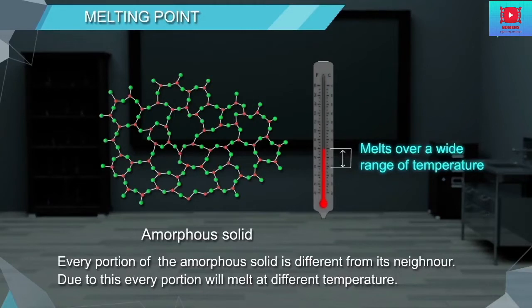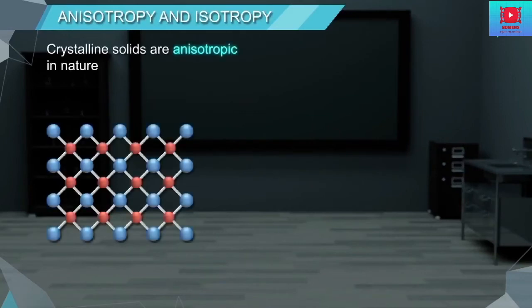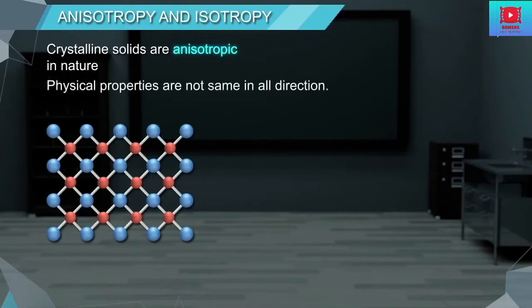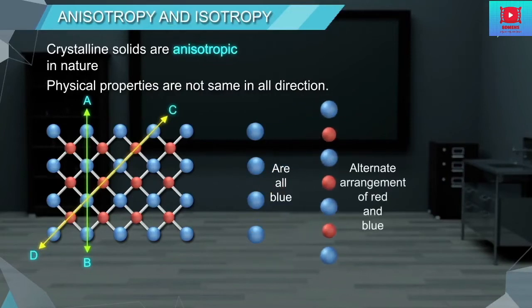The second difference is anisotropy and isotropy. Crystalline solids are anisotropic in nature. It means that physical properties are not the same in all directions. If we consider this particular direction, the particles are all blue. If you consider this direction, we have an alternate arrangement of red and blue.